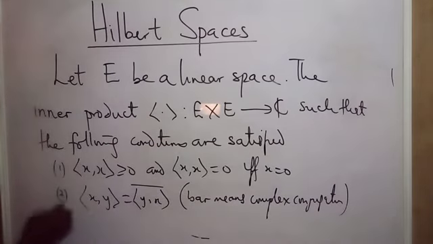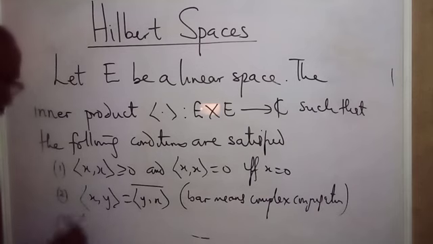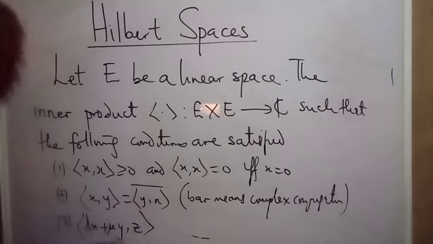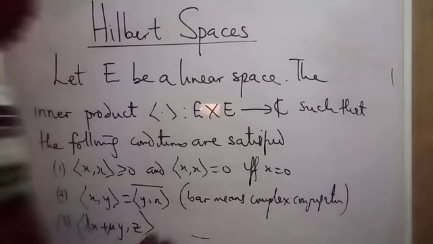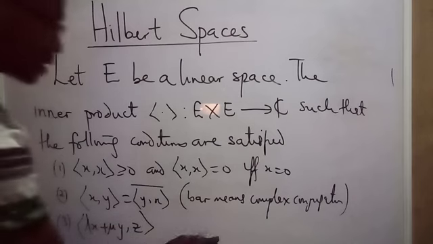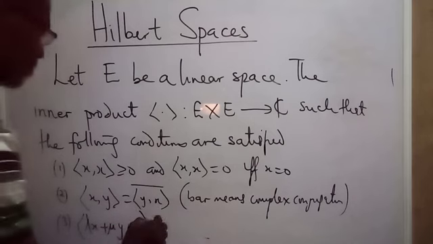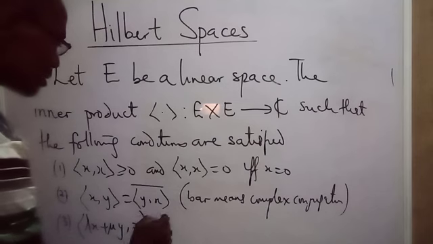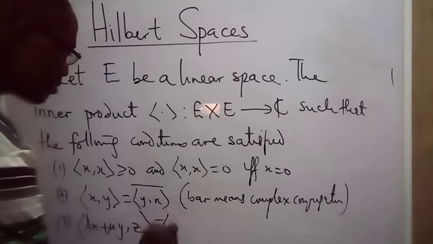Okay? Now, another one. As we have the lambda of X plus the mu of Y, comma Z, the inner product of the lambda of what? Of X, plus the mu of Y, comma Z. You can separate this as this. Let me split this out.